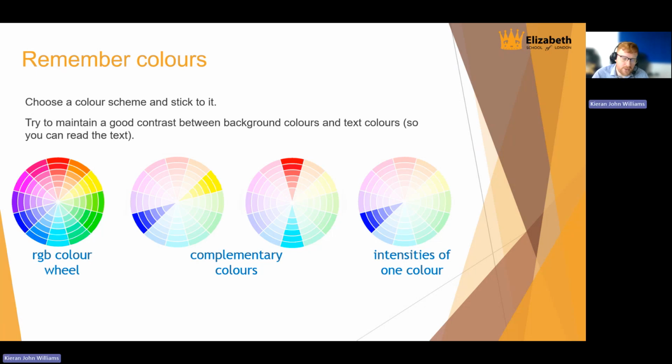If you have a look at this RGB color wheel that you've got here, the best color combinations are colors from opposite sides of the wheel. So red and blue often work well together. You could include those ones. But mess around with the colors a little bit, see what works well. If it looks a bit difficult to read, then do not include it. It's all about readability.